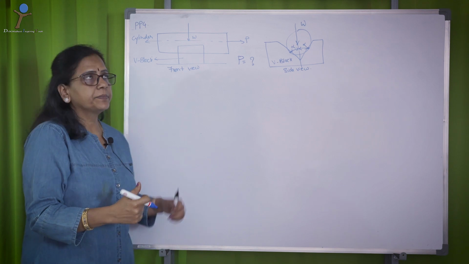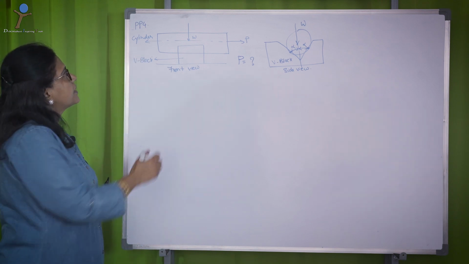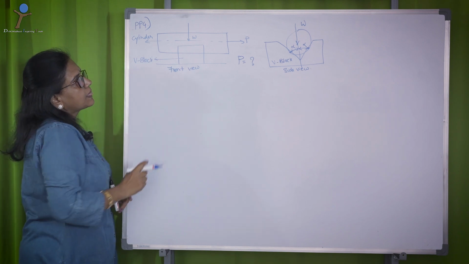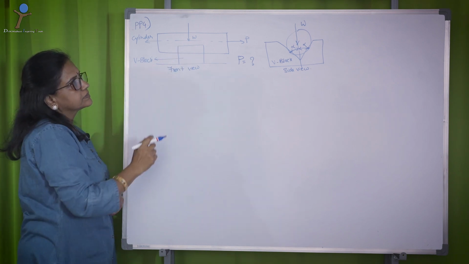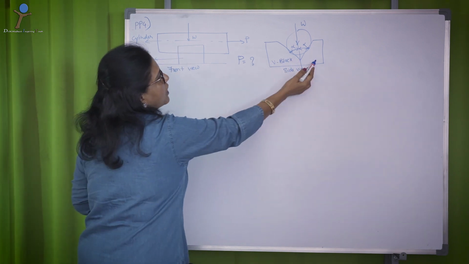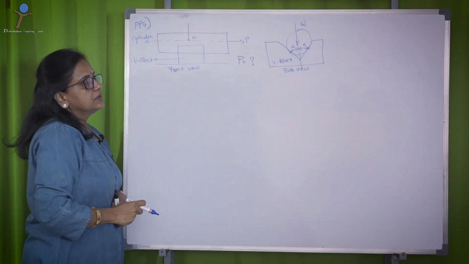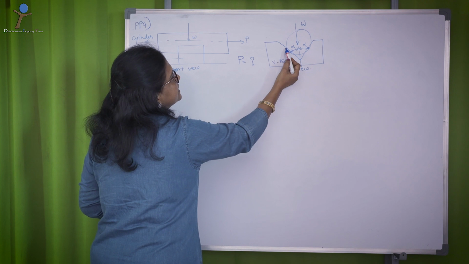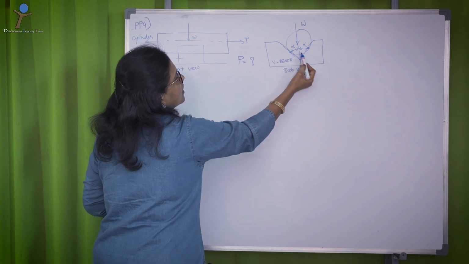Now, let us move to problem number 4. It's quite an interesting problem. A cylinder of weight W is placed on a V block, and the cylinder surface touches the V block on both sides.